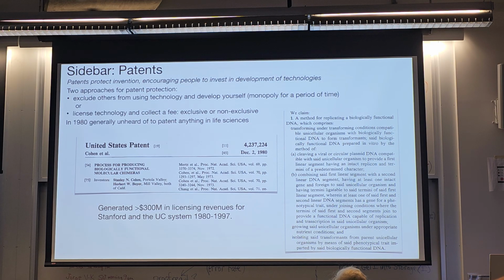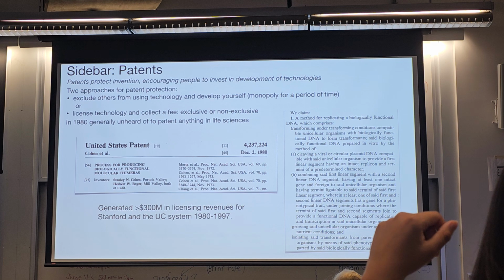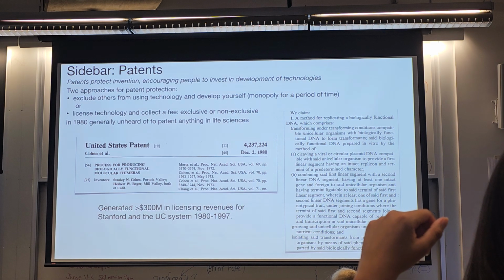So they had this patent in 1980, and the Stanford and UC system licensed that out to any company that was making any protein that they would sell. And so this patent generated about $300 million in licensing fees to Stanford and UC.